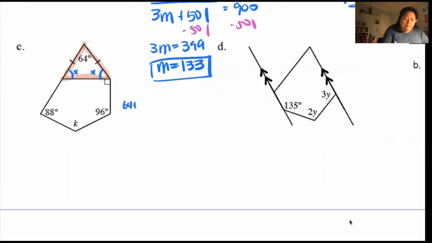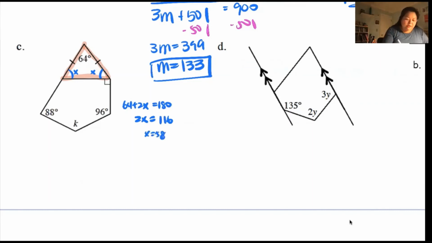So 64 plus 2 x's equals 180 because that's a triangle. Subtract 64 on both sides. You get 2x is 116, sorry, 116, right? 180 minus 64. I then divided by 2, and you get 58. So x equals 58, right?